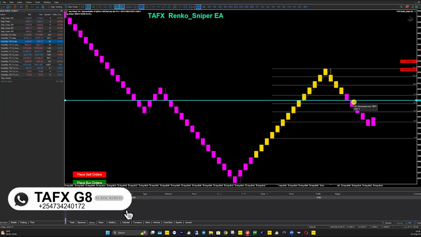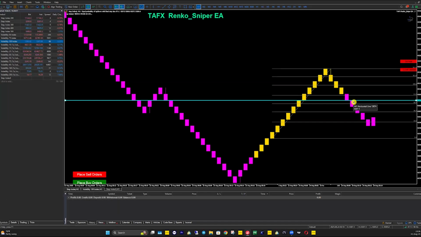But the difference between this and the previous one, and the reason why I love using this, but I'm giving you options, all right, is because the trailing stop or the trailing profit SL will be at level 23. So you can set it 38 or 23 so that it can continue dropping and trailing the profit.